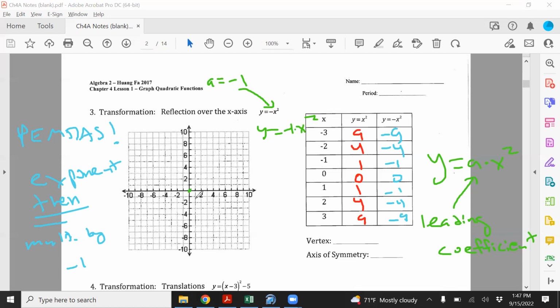So 0, 0, 1, -1, 2, -4, and 3, -9. It's upside down. Totally. So simple. And the graph is just that. Axis of symmetry is still the same, vertex still the same, because it did not move the graph horizontally.